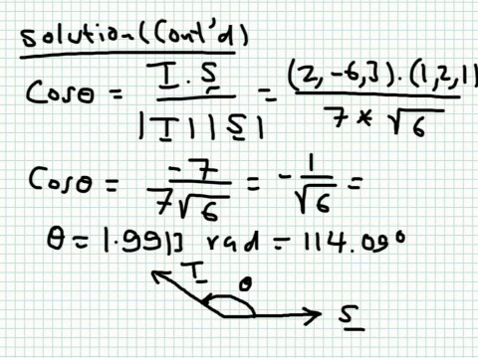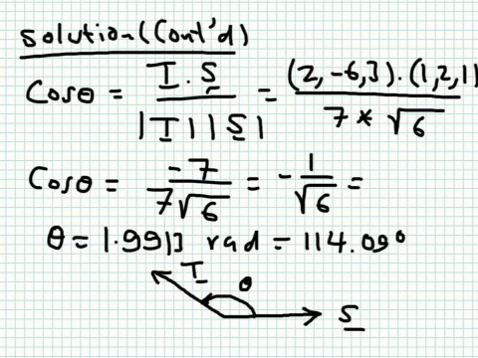We know that modulus t is equal to 7, modulus s is equal to the square root of 6. We know t is equal to 2, minus 6, and 3, and s is equal to 1, 2, and 1. These are the components. So if you do the dot product, you get 2 minus 12 plus 3, so you get minus 7. Divide by 7, so cosine theta is equal to minus 1 over the square root of 6.